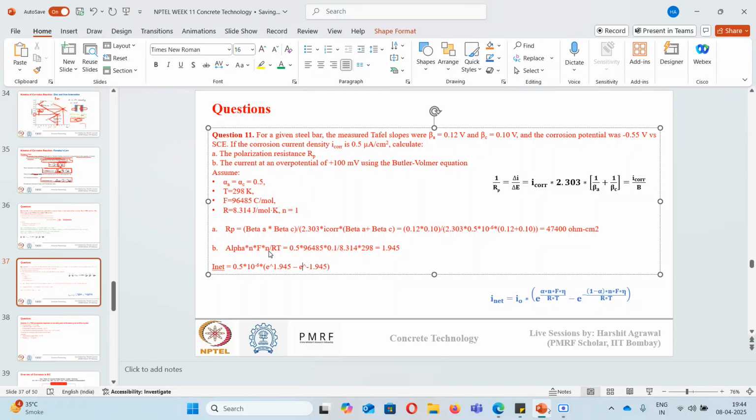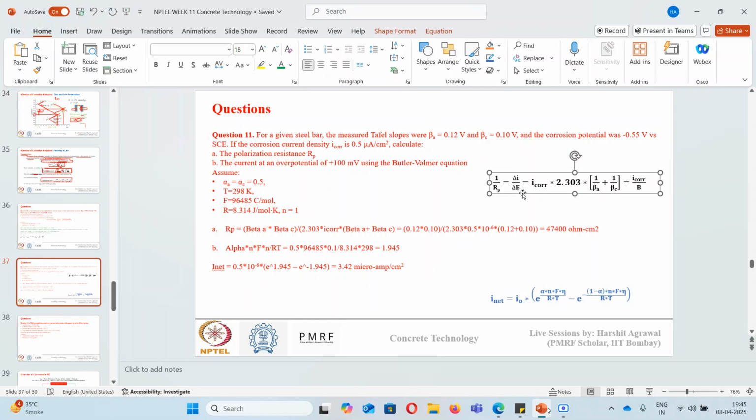So this is how I can calculate the current if I apply a 1000 millivolt potential. Upon solving this, the answer will come out to be 3.42 microampere per centimeter square. So this is the application of the Butler-Volmer equation if I know the corrosion current, or if I want to know the corrosion current.